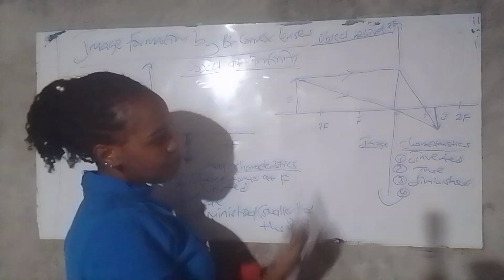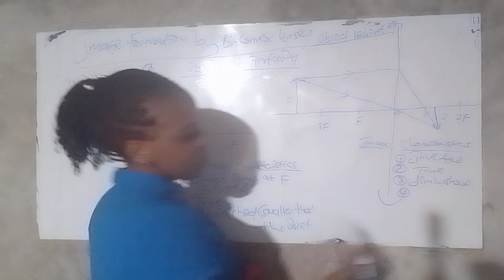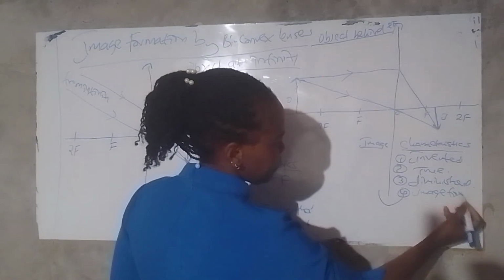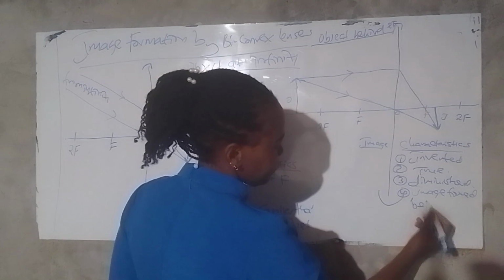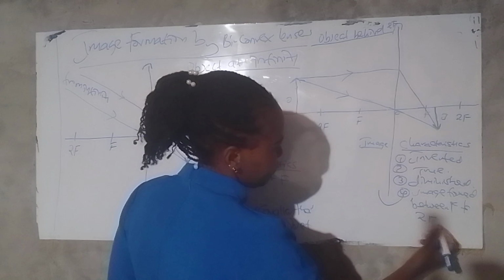So the image now has moved from F to somewhere between F and 2F. So the image is formed between F and 2F. Okay.